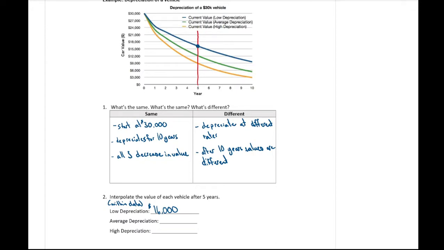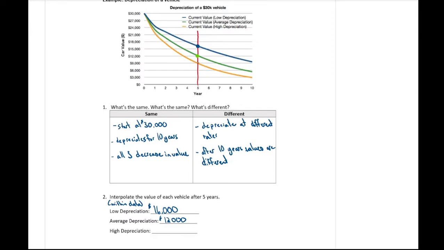For the second one, the average depreciation, it reaches a vertical mark of roughly $12,000. So after 5 years, the average depreciation vehicle or brand has a value of $12,000.